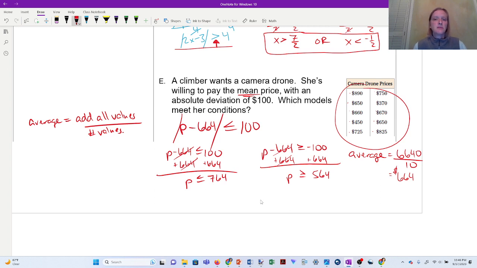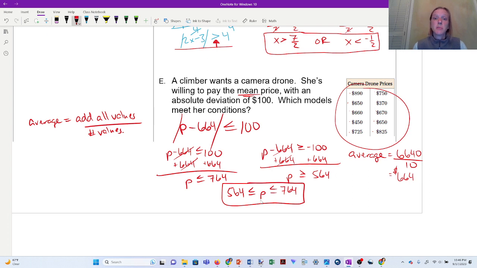So I need to be between those two prices, and I can write this as a three-part inequality. 564 is my lowest number. P is going to be greater than or equal to that, but less than or equal to 764.